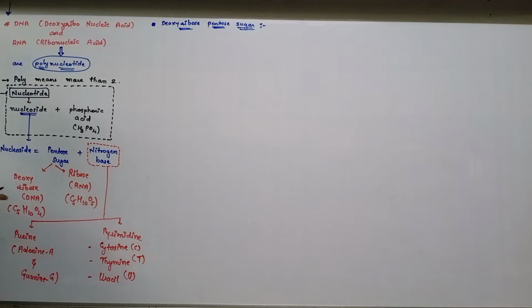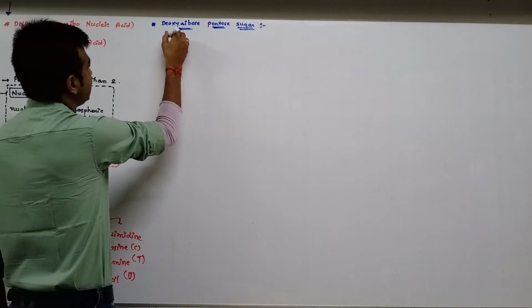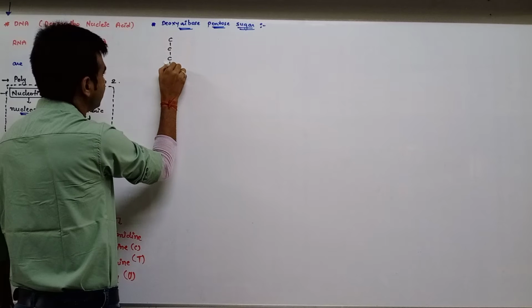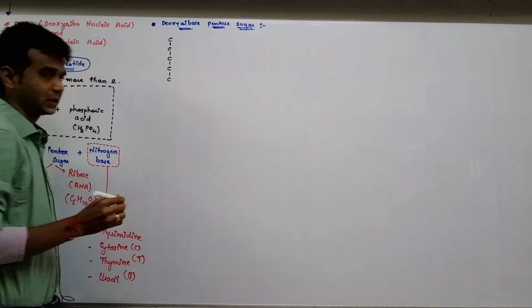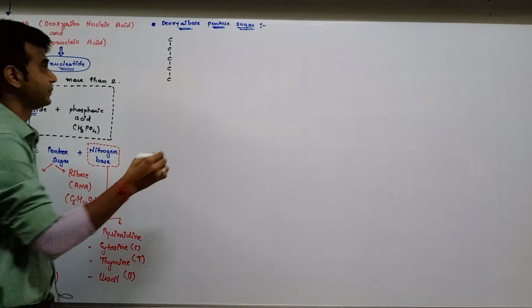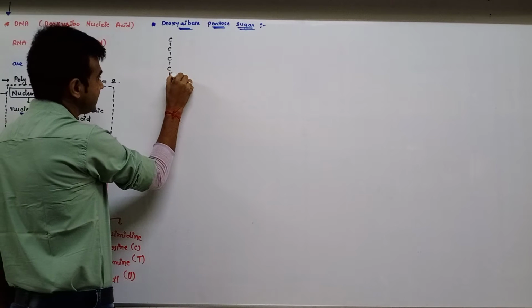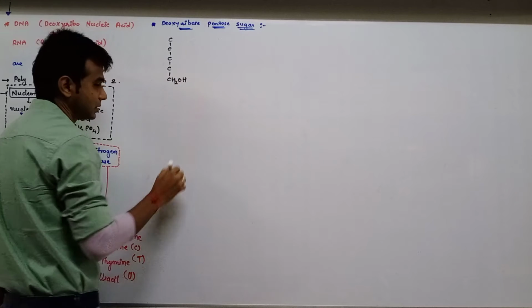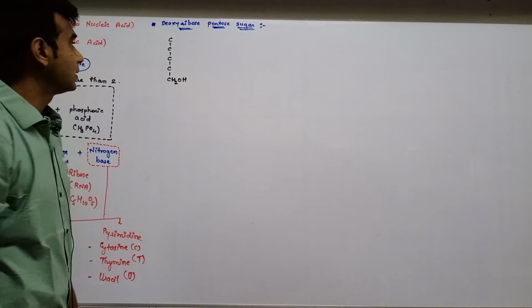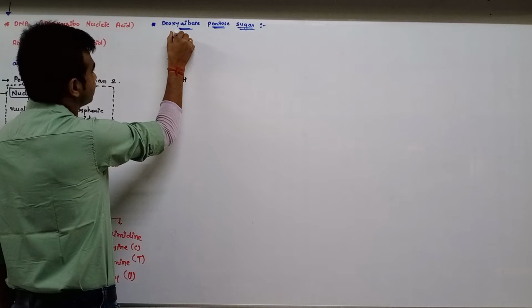Deoxyribose pentose sugar is present in DNA, C5H10O4. I will put the five carbons here: 1, 2, 3, 4 and 5. Remember, at the fifth carbon is CH2OH, the hydroxymethyl group, and the first is the aldehyde group.